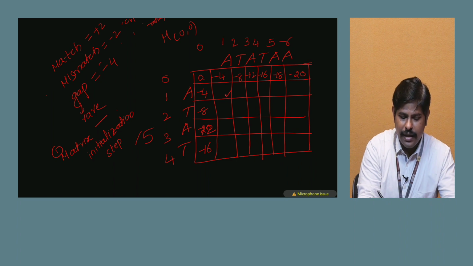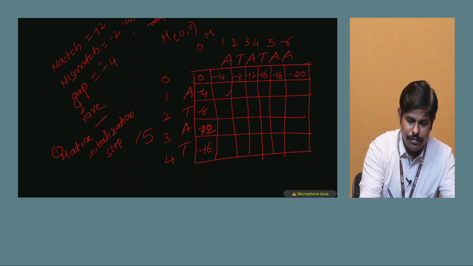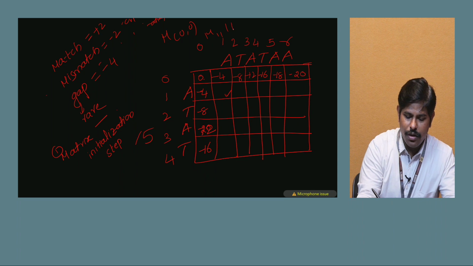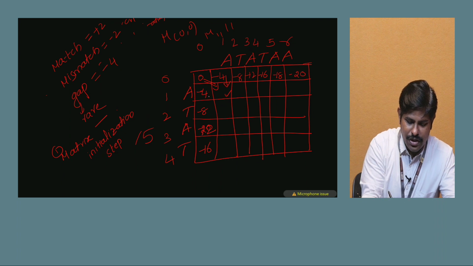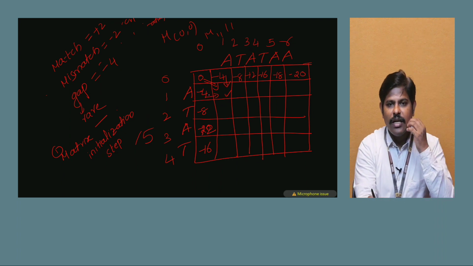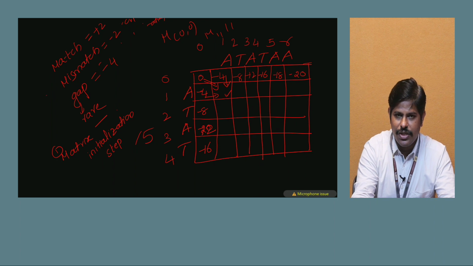So this is cell M11. The scores can be derived from M00, M10 or M01. So it can get scores from three directions: diagonal, horizontal and vertical.